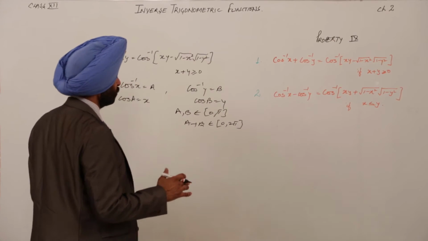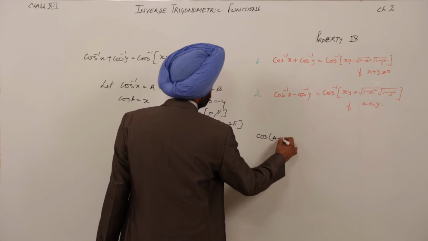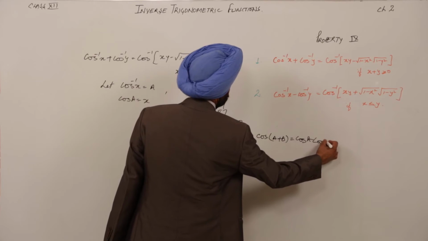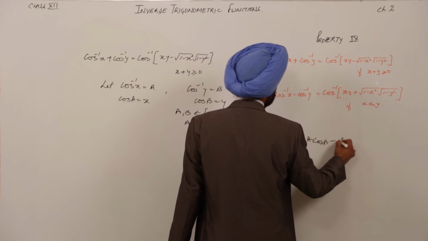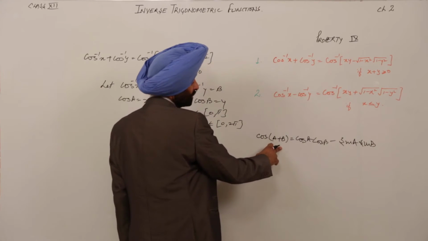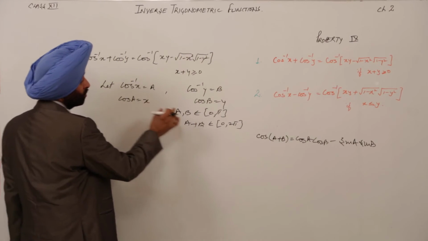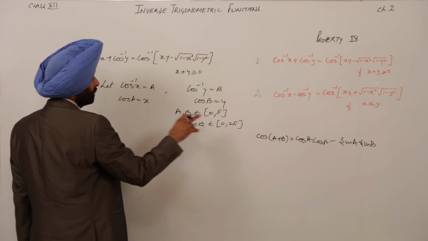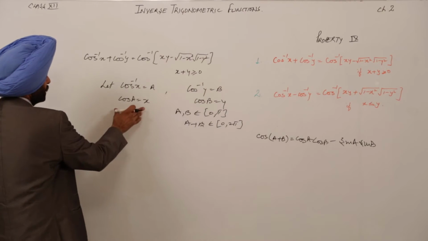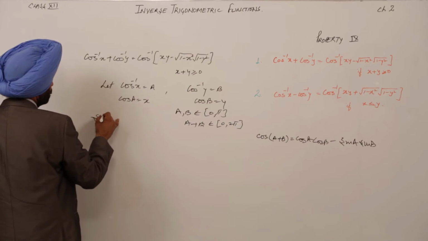Now let's check it. The formula which we are going to use is cos a plus b is equal to cos a cos b minus sin a sin b. Now we already have cos a. What we want is cos b. We have cos b, then sin a, then sin b. Okay. So from cos a, can we get sin a? Now sin a will be what?